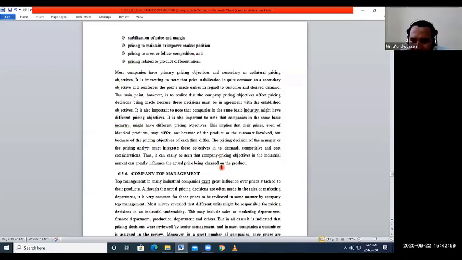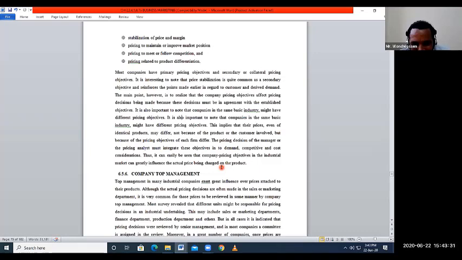Which managers? There are different functional managers and top level managers. So in any organization, whether it is consumer or industrial market, the marketing manager is responsible to set a price. Once the marketing manager sets the price, the final approval is made by the top management.